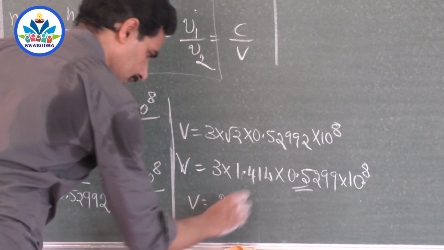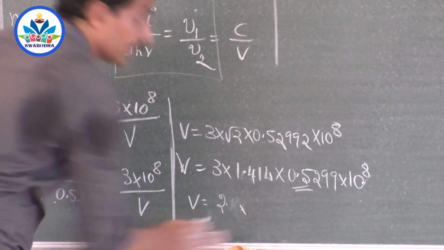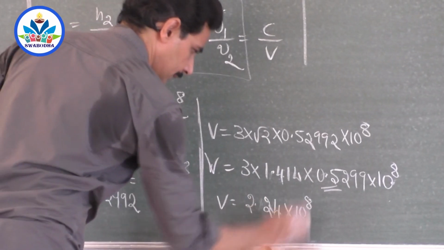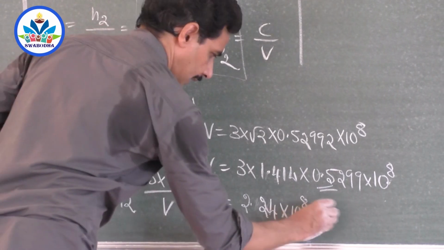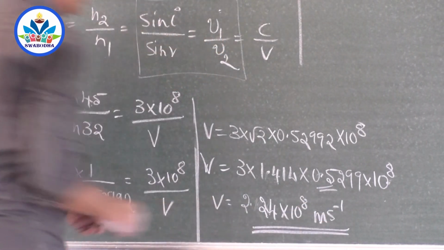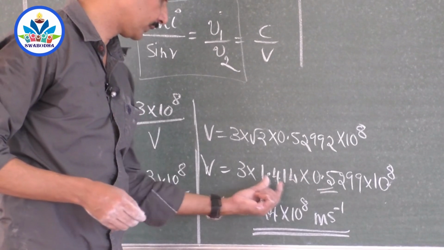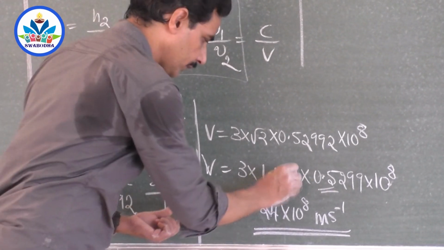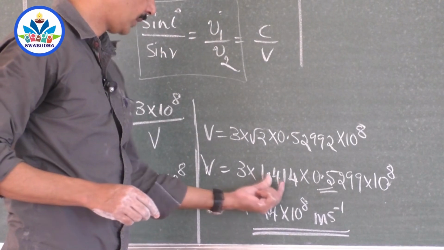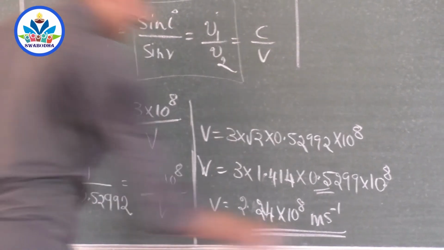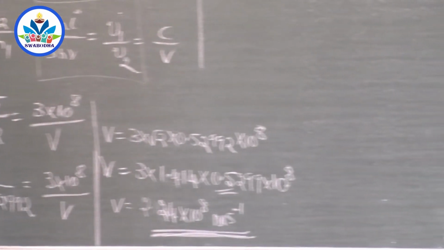It is 2.24 into 10 to the power 8 meters per second. Check it in the calculator, I didn't bring one. So I did it like this: 0.5, half of 1.414, is 0.7. 0.7 into 3 is 2.1, and this is 2.24. Yes, the answer is correct. This is how we do it. Okay, moving on to another problem.